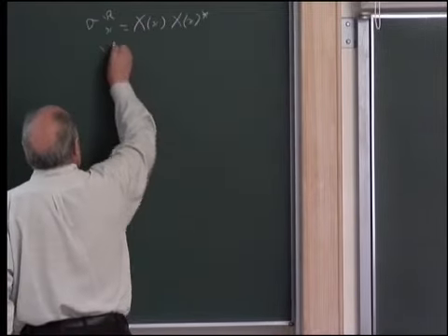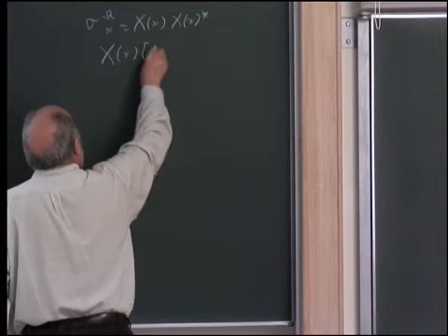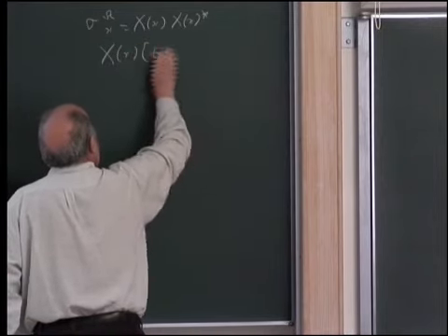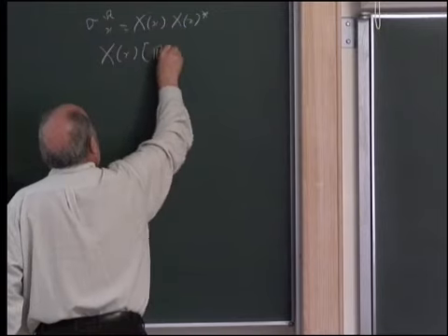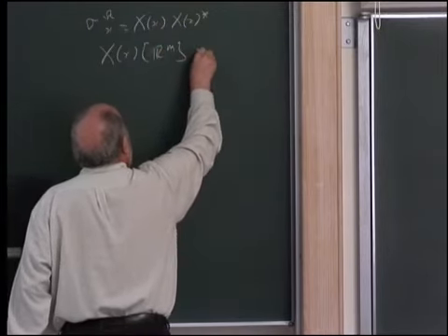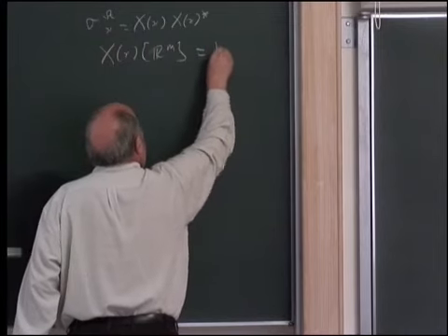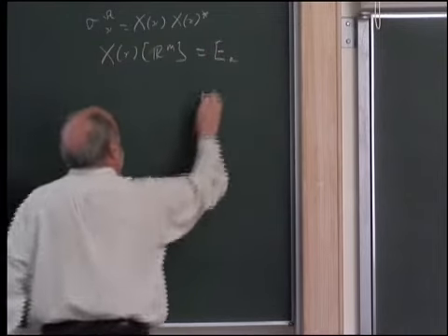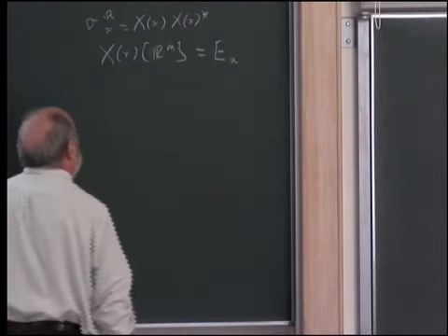In particular, I want to record these. X(x) of R^m is equal to our sort of admissible directions, E(x).